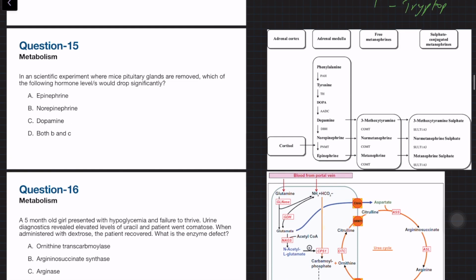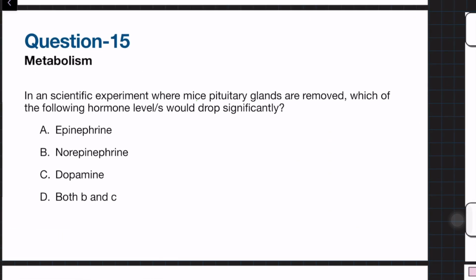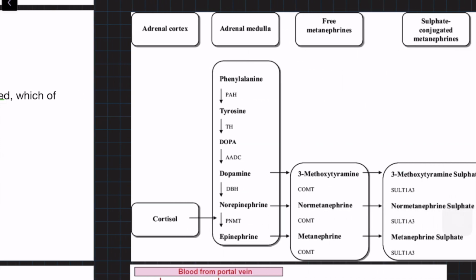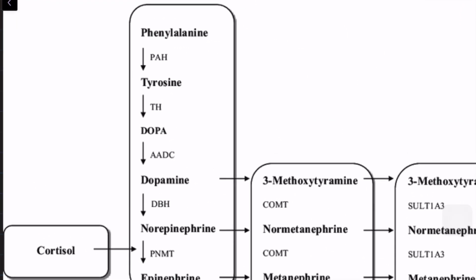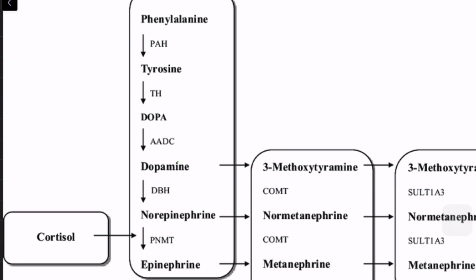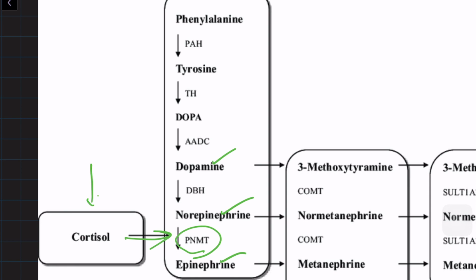In a scientific experiment where mice pituitary glands are removed, which of the following hormone levels would drop significantly? To understand this, you need to understand the synthesis of catecholamines: dopamine, norepinephrine, epinephrine. Among these, there is an enzyme called PNMT, which is supported by cortisol. Cortisol is in turn supported by the pituitary gland through ACTH, which supplies the adrenal gland and gives the cortisol, which promotes PNMT and forms epinephrine.